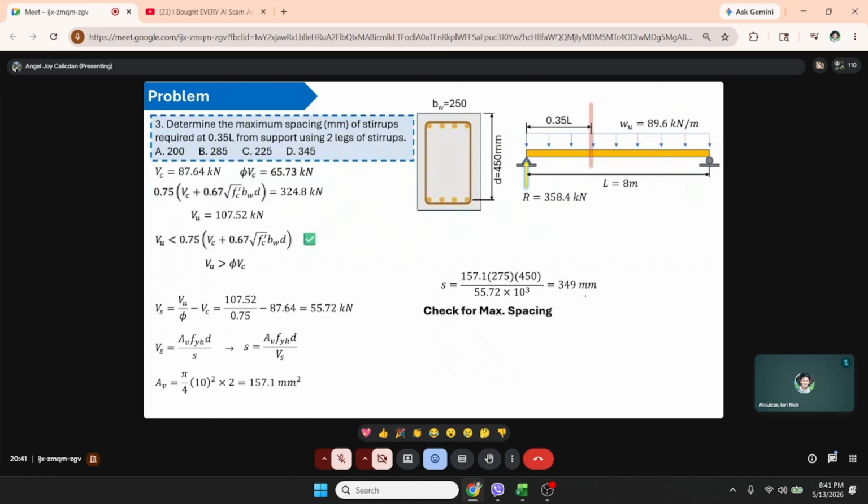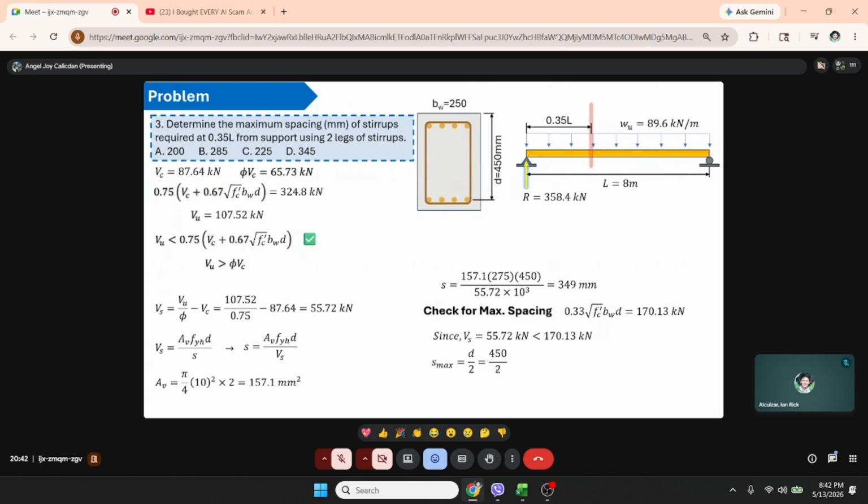And again, check for max spacing. So 0.33 square root of fc prime bwd is 170.13 kilonewton. And since Vs kay mas gamay sa kaning 0.33 something, so ang applicable kay katong d over 2 or 600, whichever is mas gamay.